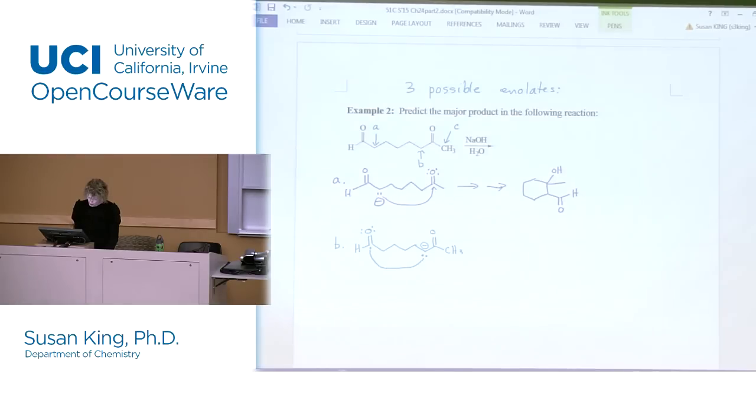Again, you want to prove all of these products that I've drawn to yourself. Of course, I'm just drawing the beta hydroxy. We could heat that up and go all the way to the alpha beta unsaturated. But right now we're just seeing what's going to be favored here. So that would be the product if we form the enolate at position B.